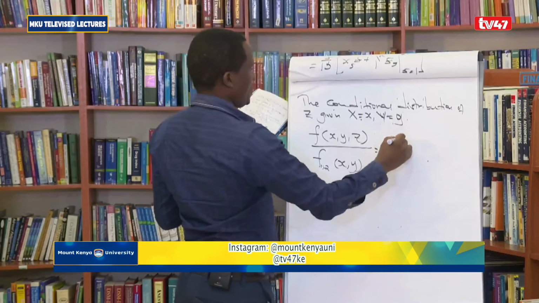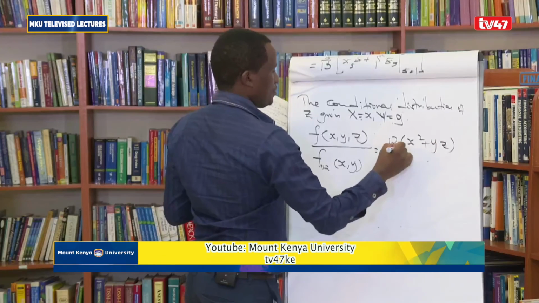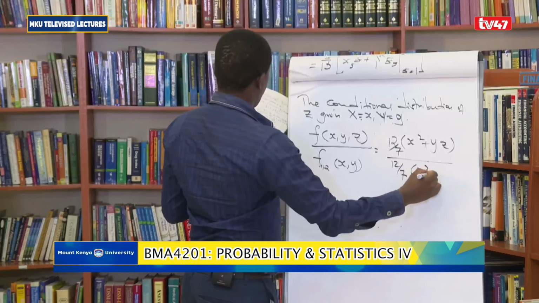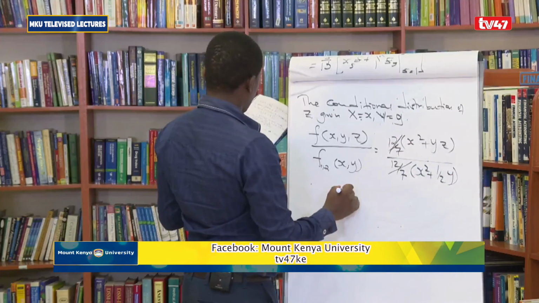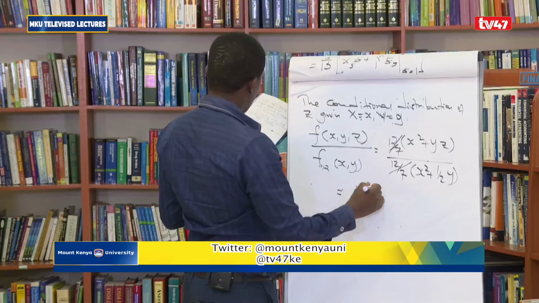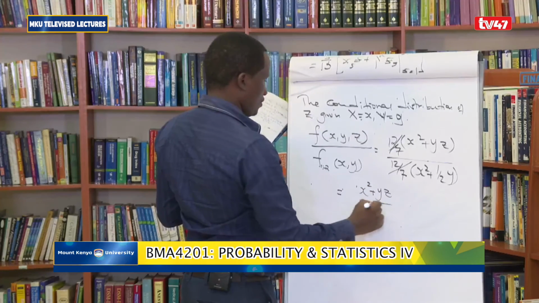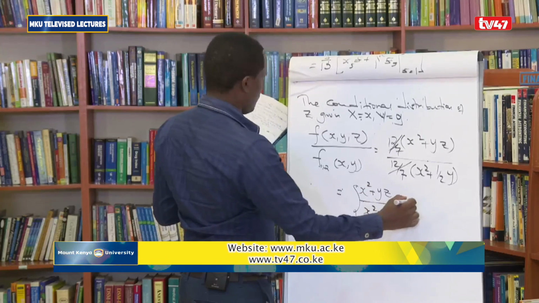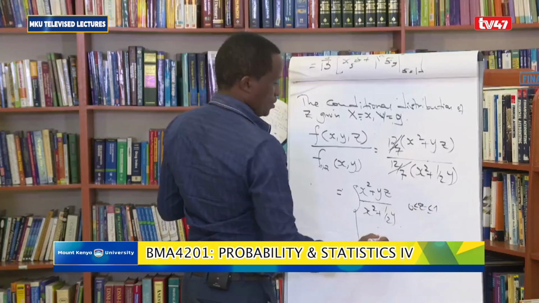So this will be 12 over 7 (x squared plus yz), over 12 over 7 (x squared plus a half y). These go, so that we have (x squared plus yz) all over (x squared plus a half y). And this works for z in the interval 0, 1, 0 elsewhere.